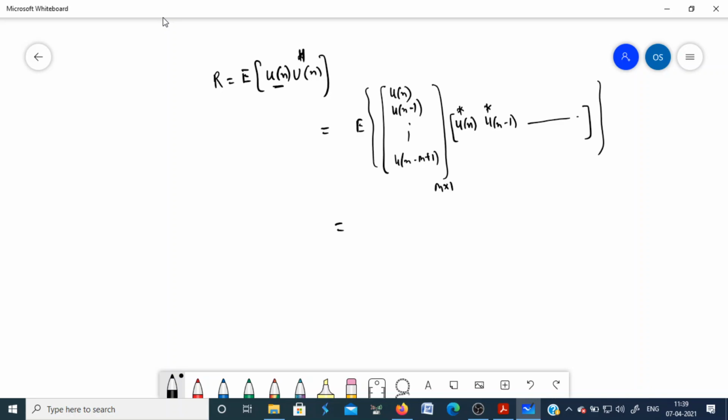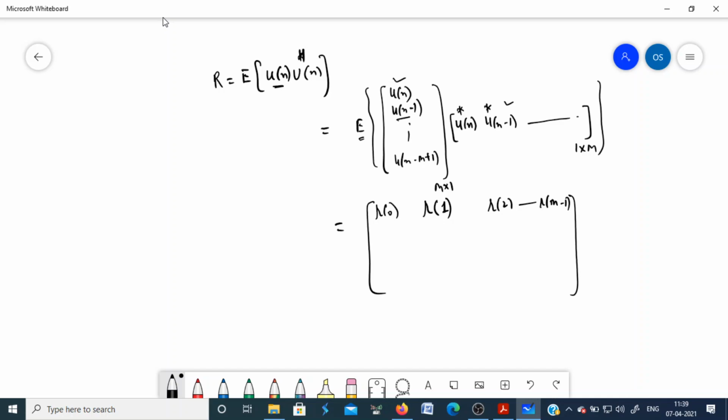So you multiply first, this is now a 1 cross M vector. So u(n) into u(n) star, its conjugate, and its expectation, you will get autocorrelation at 0 lag. It will become R0. Okay, then u(n) into u of n minus 1 star and its expectation, you will get correlation at a lag of 1, it will become R1. Similarly, R of 2 and so on, up to R of M minus 1.